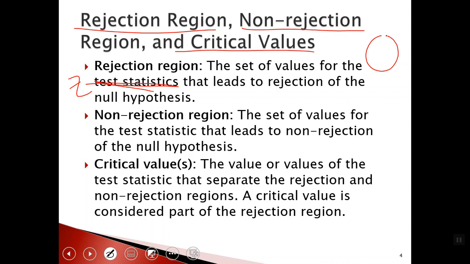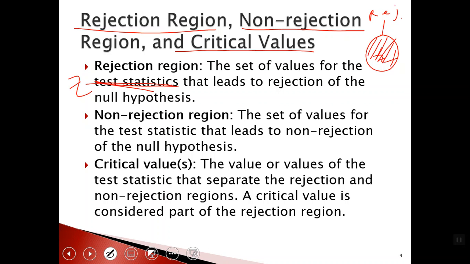This is some kind of area we call our rejection area. If my Z is inside this area, we reject. Something like that. So this we can say is the rejection area.